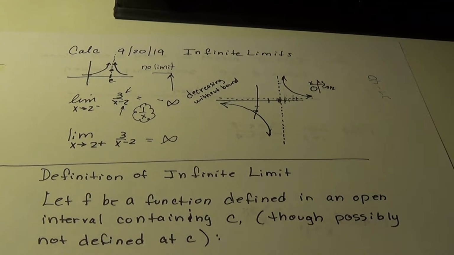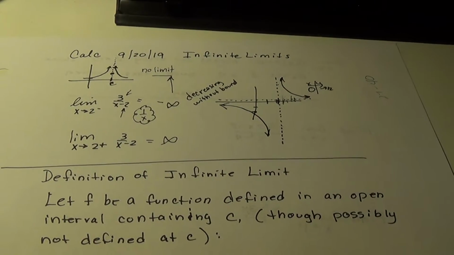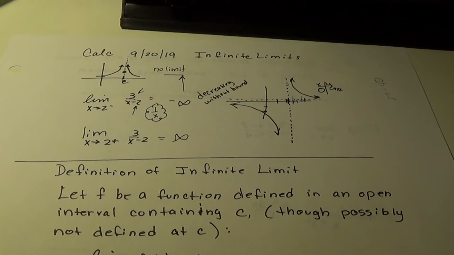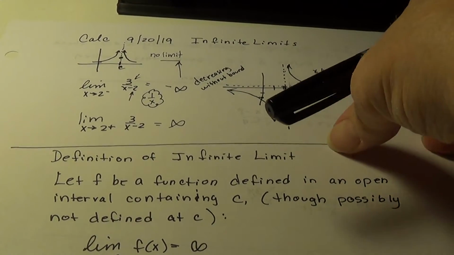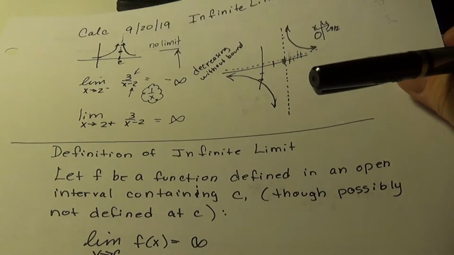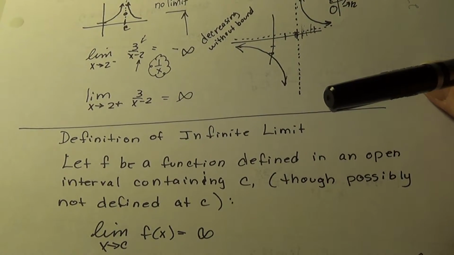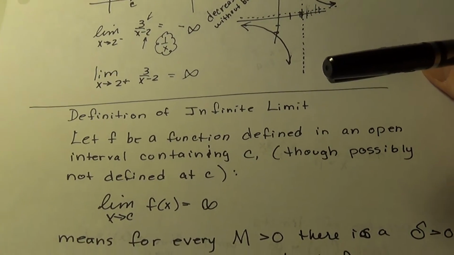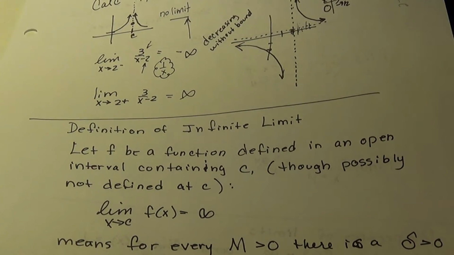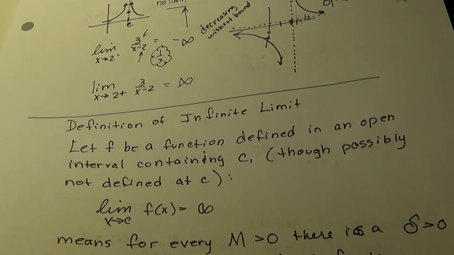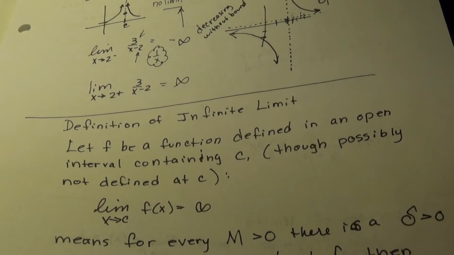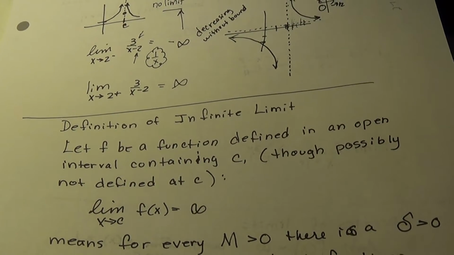We have those badly behaving functions. The limit as x approaches c of f of x equals infinity means... All right, you can stop this video and catch up with this definition, but I'm going to keep going.